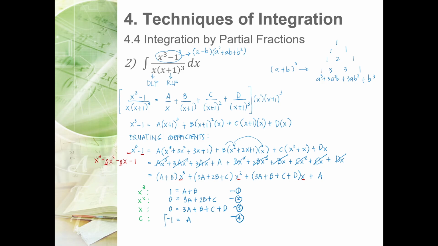So we already have the answer for a, right? The next step is using equation 1. So 1 equals negative 1 plus b. So b is equal to 2. Next is using equation 2.